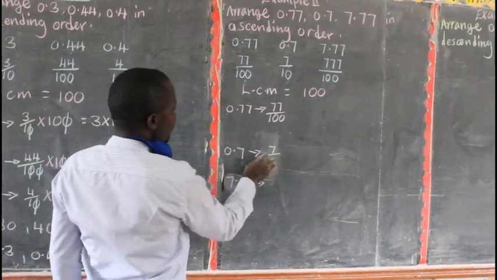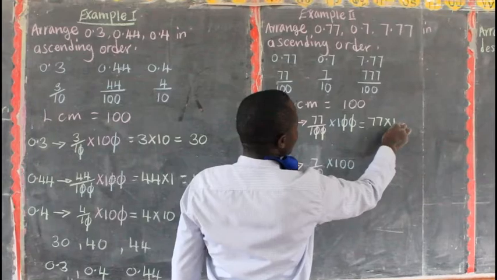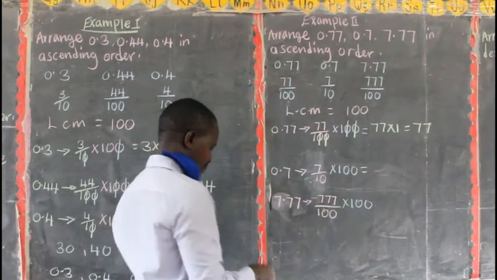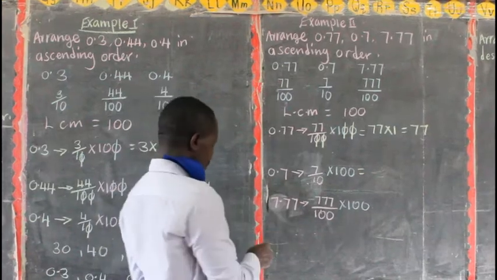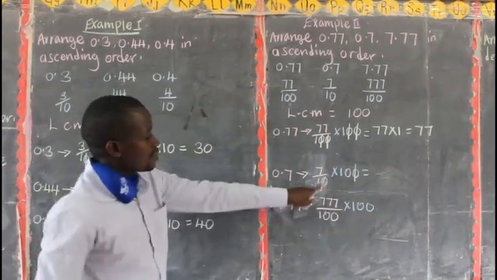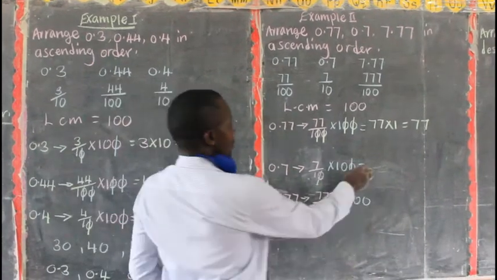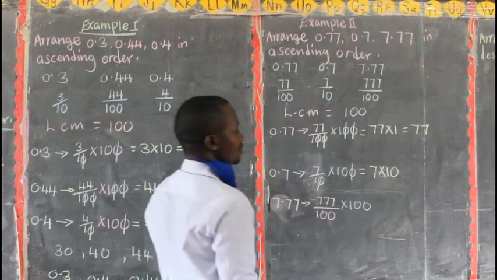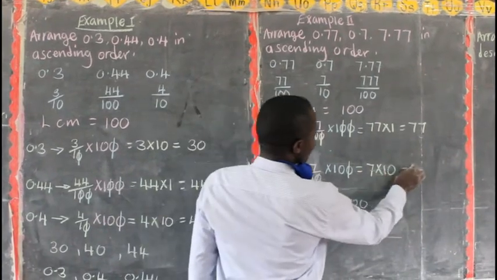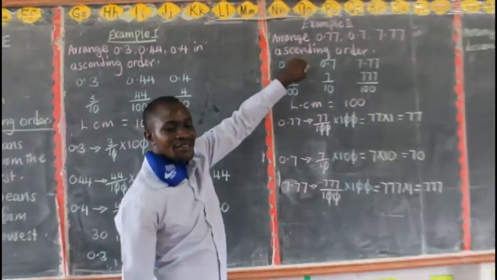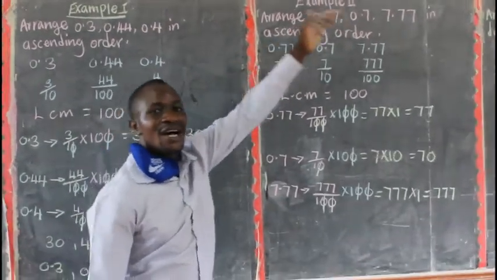This one is 7 out of 10, times 1 gives us 77. Here also we divide this 0 with this 0. Here it is 10, so here you are left with the 10. This one is equal to 7 times 10, giving us 70.